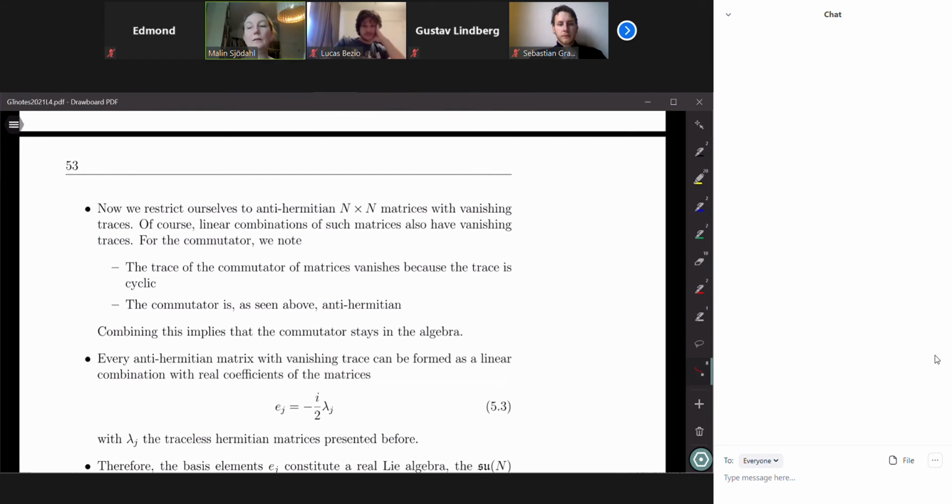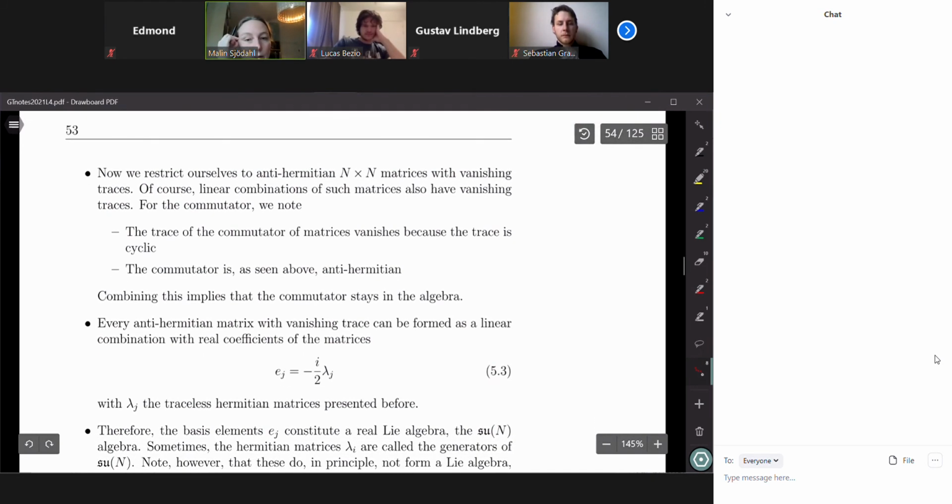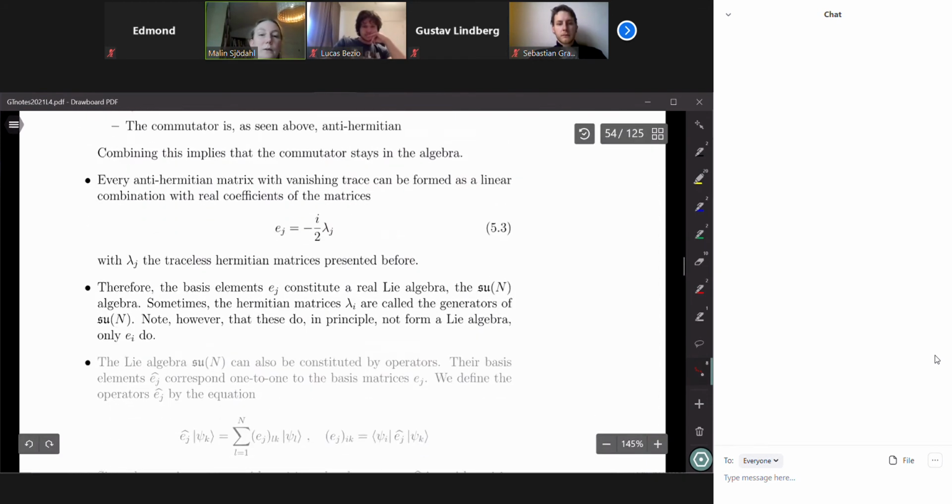The commutator would be something like trace AB minus trace BA, but that's zero because the trace is cyclic. And we have seen already that the commutator is anti-Hermitian, and if we combine this, it implies that we stay in the algebra also for the case of SU(N). So we have learned both how to generate SU(N) and how to generate U(N).